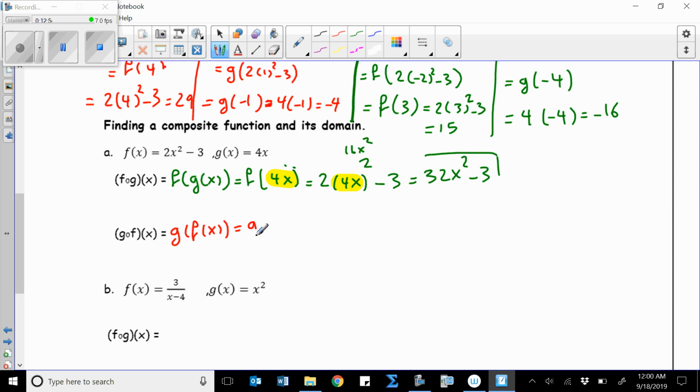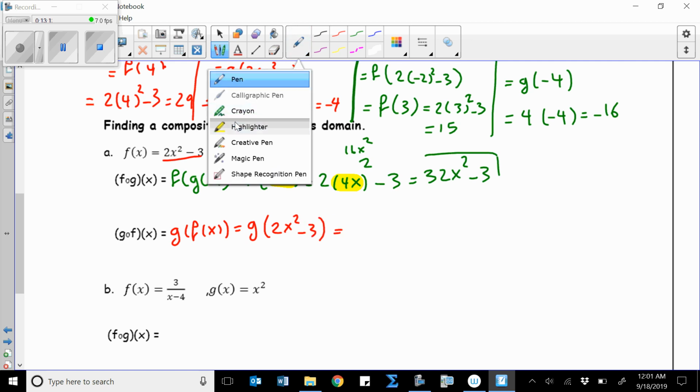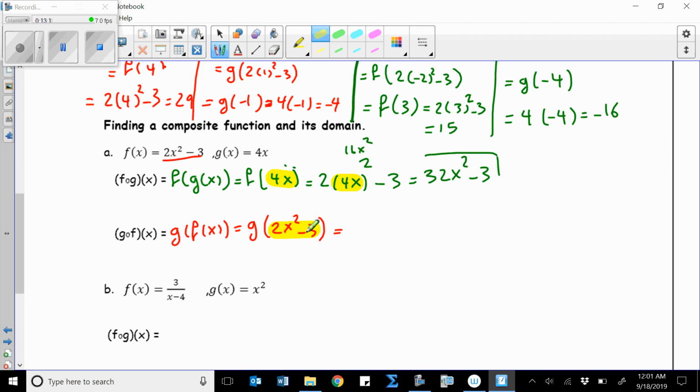So this is equal to g of, now whatever I had as f of x, I'm going to replace that here in parentheses. So instead of f of x, I'm going to write the equation, which is 2x squared minus 3. Now, this value that you see here, this is our new x for g.